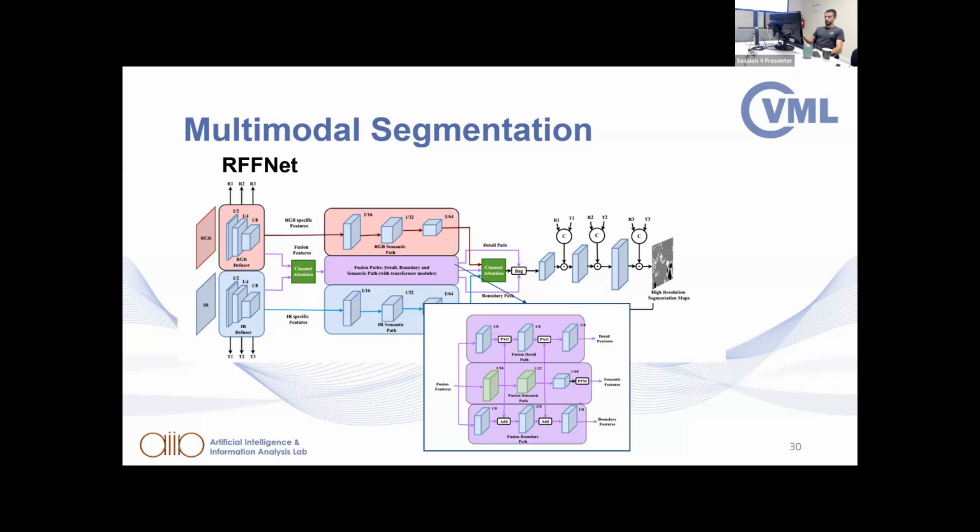The final addition that we should mention is that we use some transformers, because the original network has only convolution layers. We add some transformers in order to capture long-range dependencies.